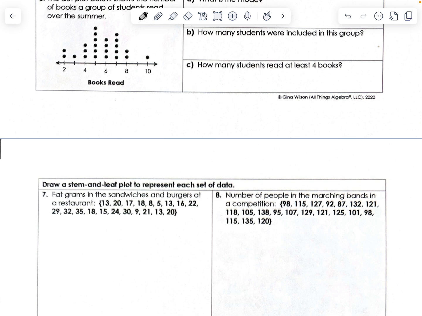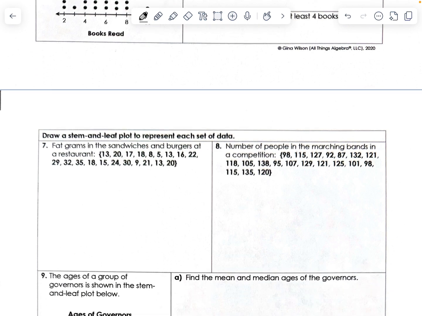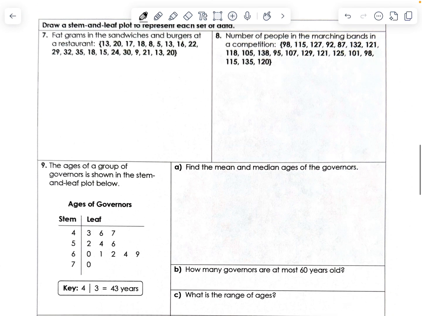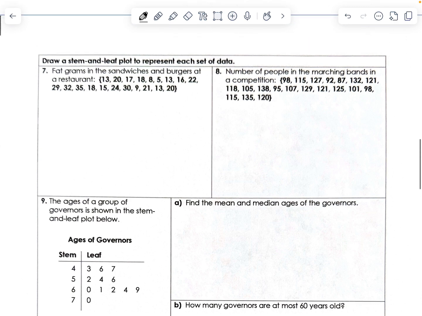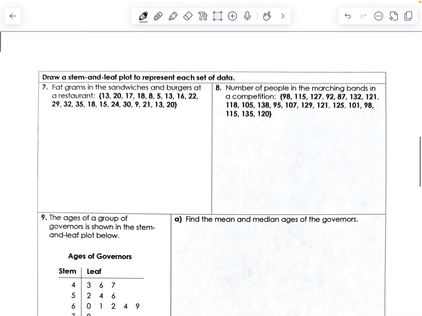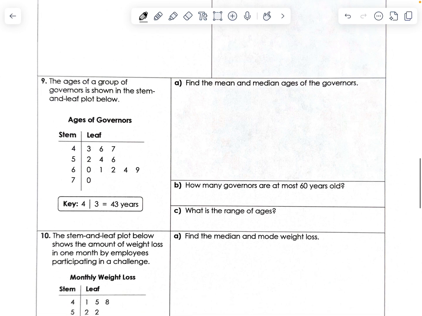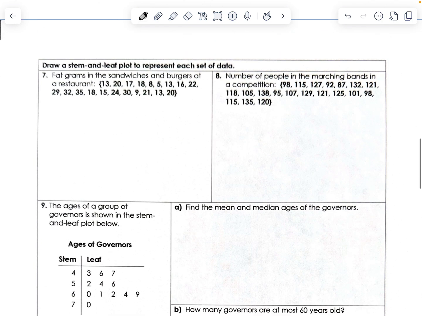So we're going to make 2 stem and leaf plots, and then we're going to answer questions about 2 stem and leaf plots. So what I'm going to do is I'm going to draw one, and then I will help you do number 9 and pull information from it. So the first thing we're going to need to do is put these in order.